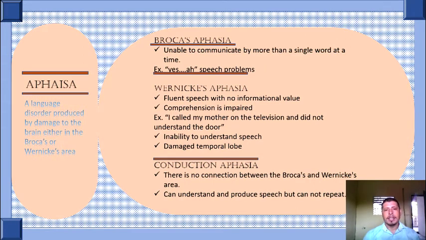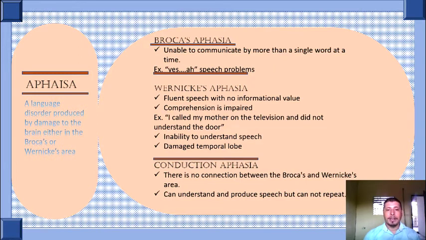For instance, you could just say one word, like yes, so it's going to be one-word speech, and we are going to have trouble with fluency. So we are able to just say one word, and that would be Broca's aphasia.